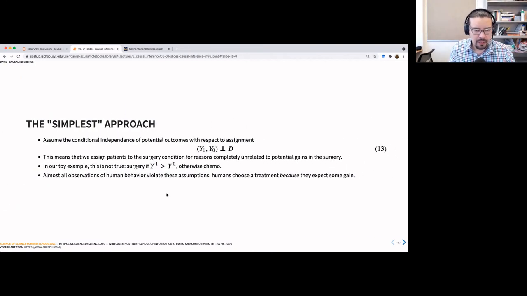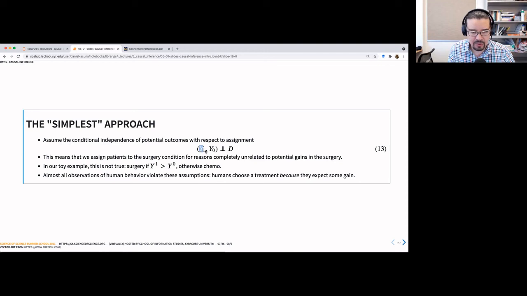So the simplest approach, I call it that in quotes, to get rid of the selection bias, is to assume that the selection of getting the treatment is uncorrelated with the potential outcomes.